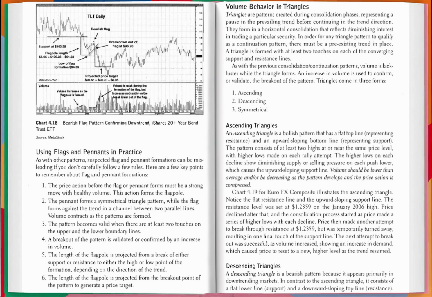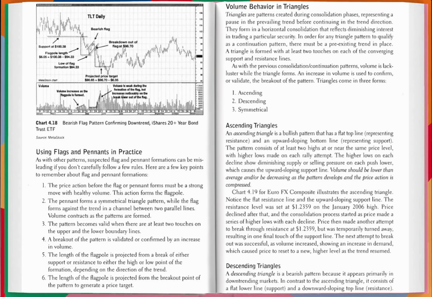Triangles come in 3 forms: 1. Ascending, 2. Descending, 3. Symmetrical. Ascending triangles. An ascending triangle is a bullish pattern that has a flat top line representing resistance and an upward sloping bottom line representing support. The pattern consists of at least 2 highs at or near the same price level, with higher lows made on each rally attempt.